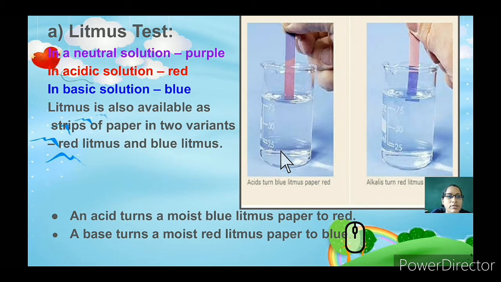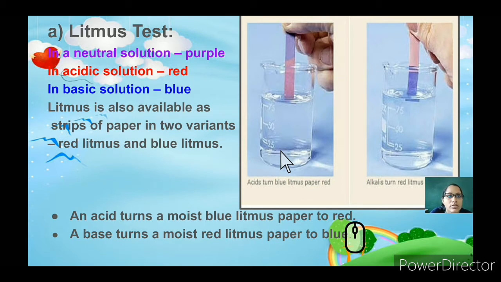You have two different types of litmus paper, red and blue, wherein you use red litmus paper for the alkalis and blue litmus paper for finding out the acids. If you do not know whether it is an acid or a base, you will use both litmus papers to understand it.